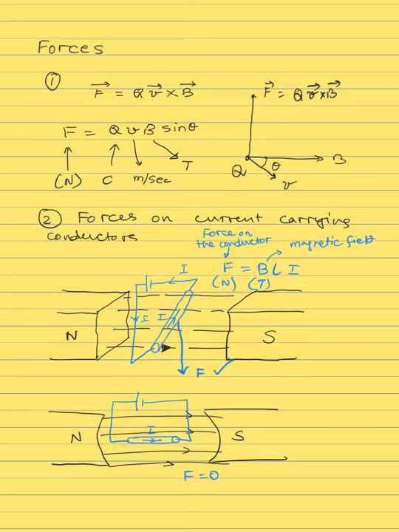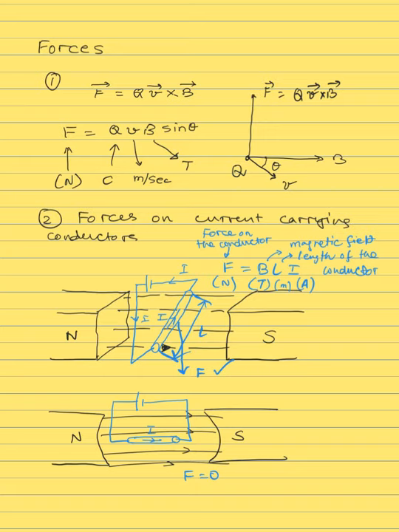L is the length of the conductor inside the magnetic field, whatever length is inside the magnetic field, and the units will be meters. I is the current flowing through the conductor in amperes. So it's maximum when it is perpendicular to the magnetic field lines, and it is 0 when it's parallel to the magnetic field lines.